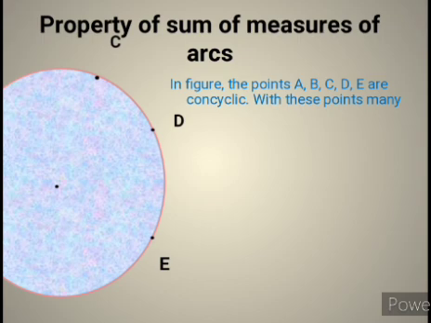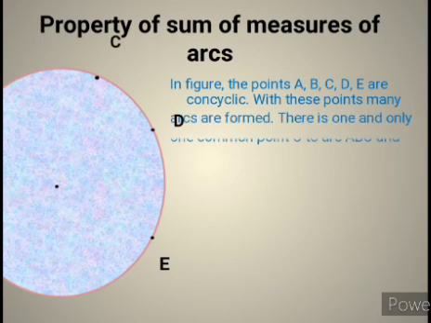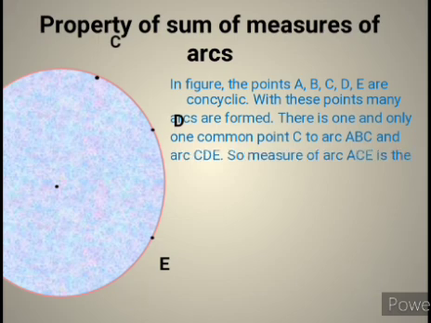In the figure, the points A, B, C, D, E are concyclic. With these points, many arcs are formed. There is one and only one common point C to arc ABC and arc CDE.